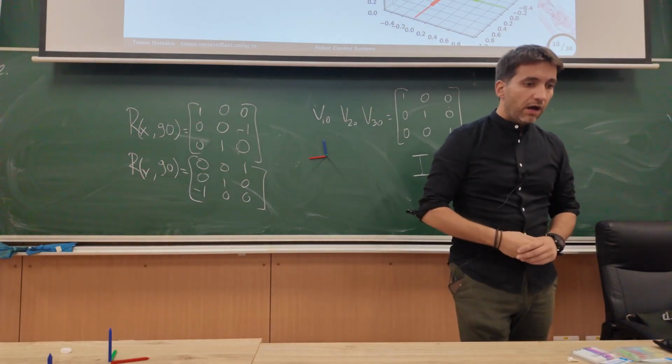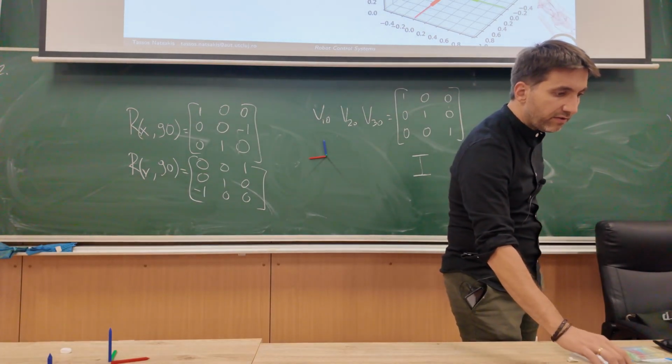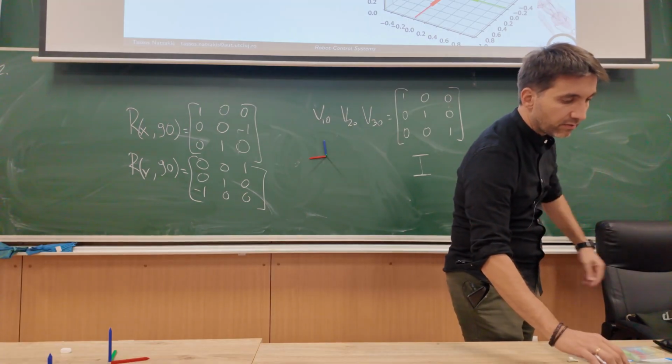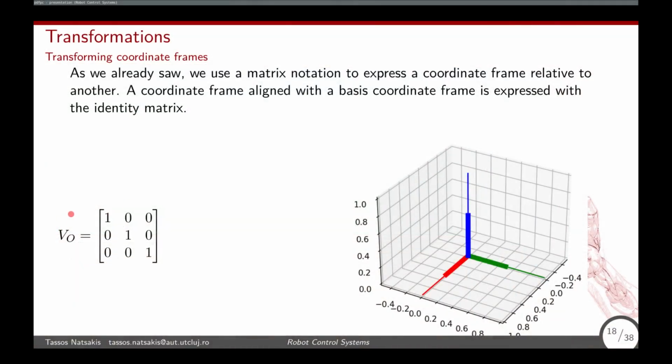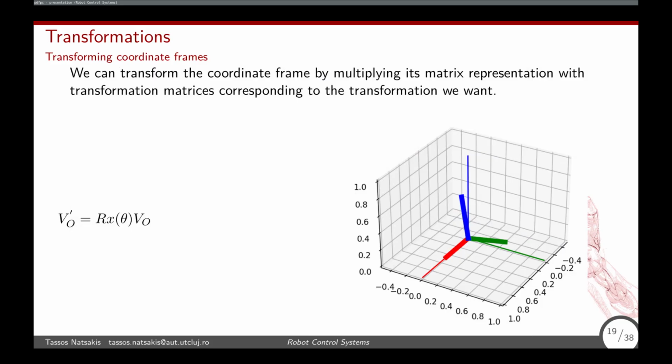How do I do this? If I have a coordinate frame expressed in a reference frame, so let's say this V0, which happens to be aligned with the reference frame, so it has basically the identity matrix, I can rotate it around the x-axis by some degrees by multiplying that original frame by a transformation matrix.